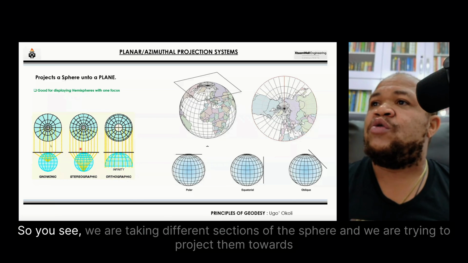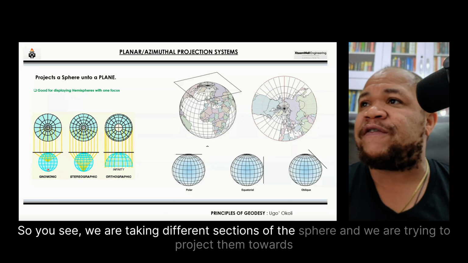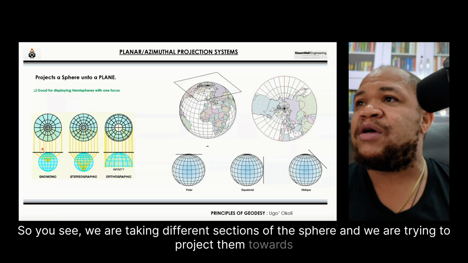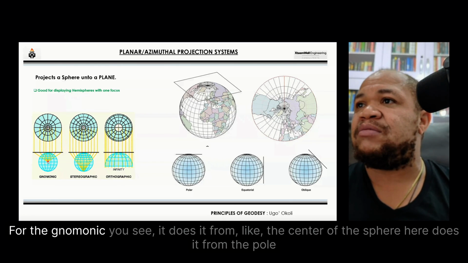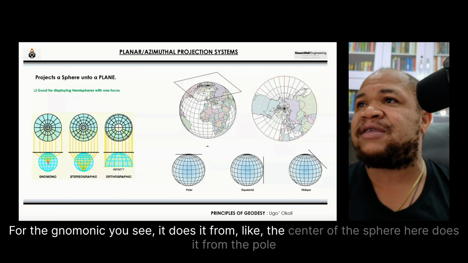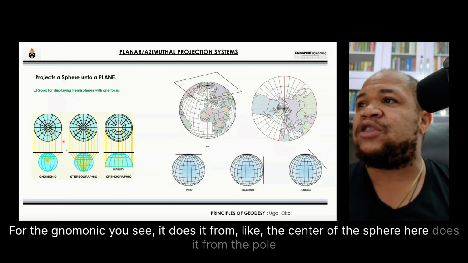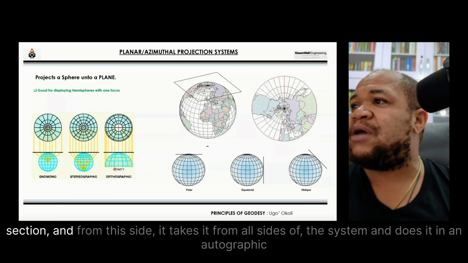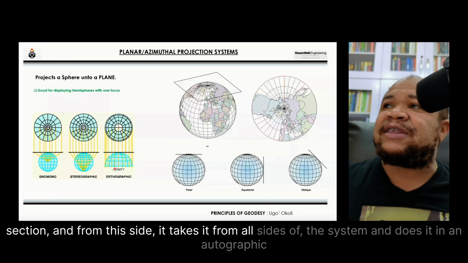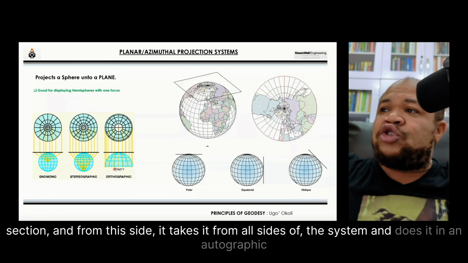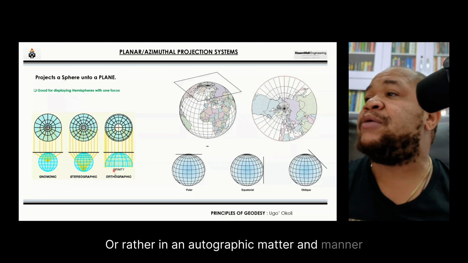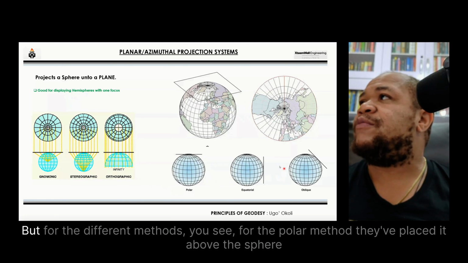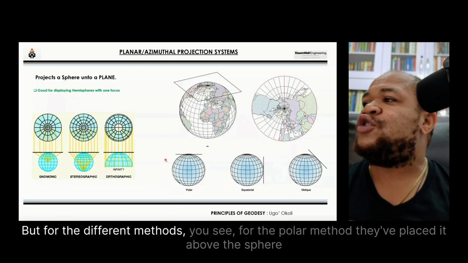So you see, we are taking different sections of the sphere and we are trying to project them towards the flat plane. For the gnomonic, it does it from the center of the sphere. Here it does it from the pole section, and from this side it takes it from all the sides of the system and does it in an orthographic manner.